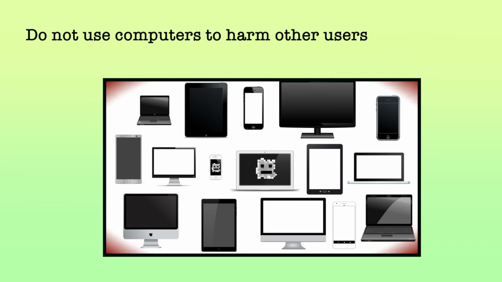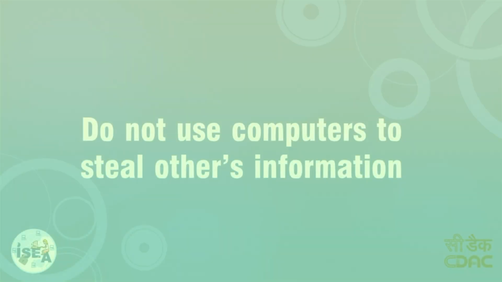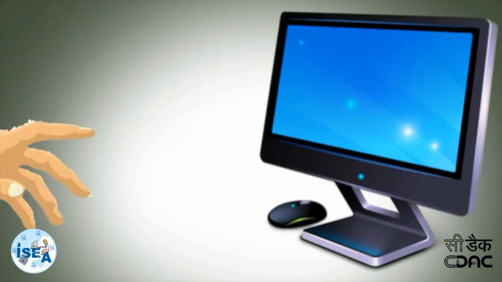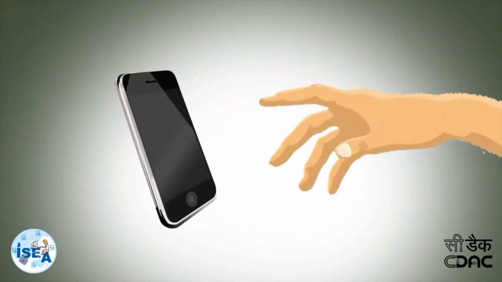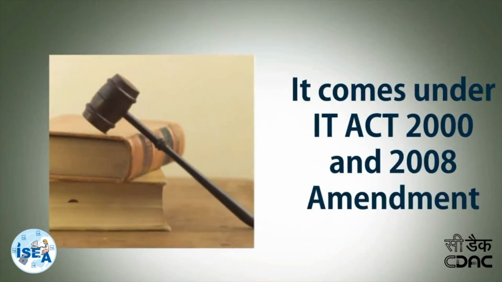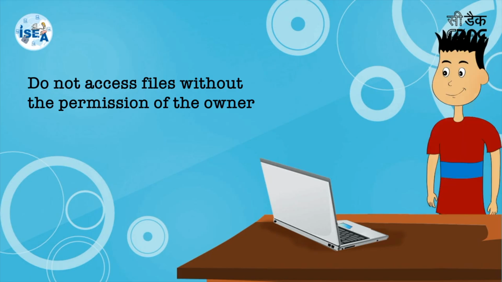Some of the rules that individuals should follow while using a computer are: the first one is, do not use computers to harm other users. Do not use computers to steal others' information. Do not access files without the permission of the owner.